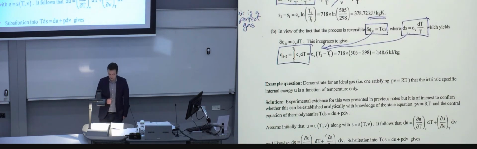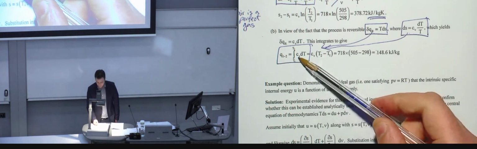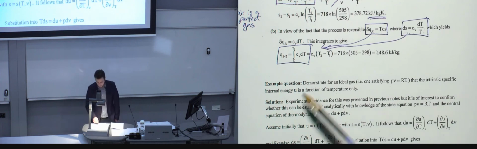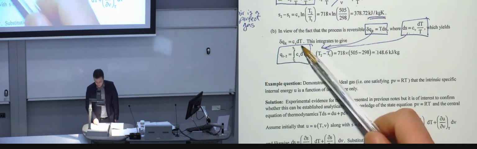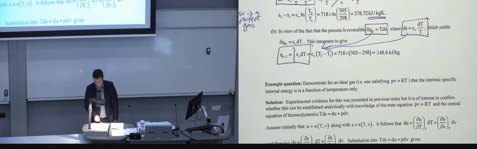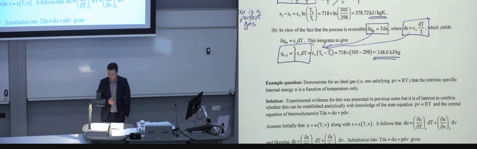So a very simple equation for Q12, and it would be the integral of Cv dT. And because Cv is a constant, the integral is simplified to Cv times T2 minus T1. And you insert the numbers, and you find the value of heat supplied per kilogram.